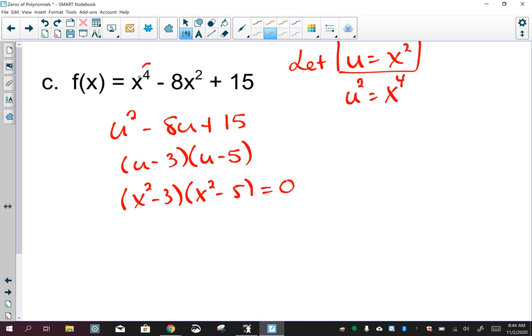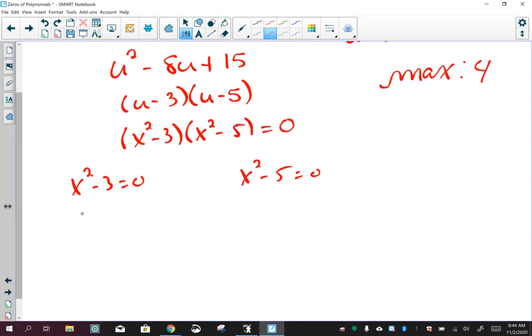Because remember, this tells me right here I can have a max of 4 zeros. So now I'm going to take each set of these and set it equal to 0, and I'm going to solve. So I get x squared is equal to 3.